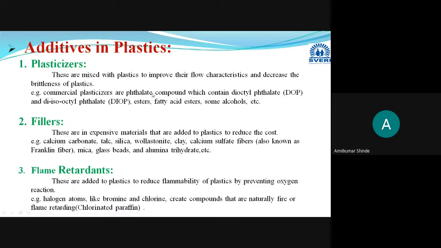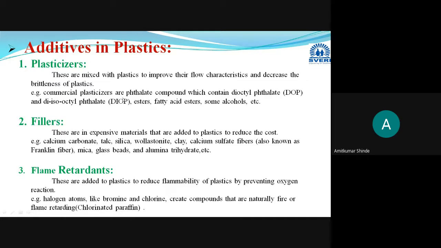Phthalate compounds are generally used as plasticizers. In those phthalate compounds, there are dioctyl phthalate and diisooctyl phthalate, DOP and DIOP.